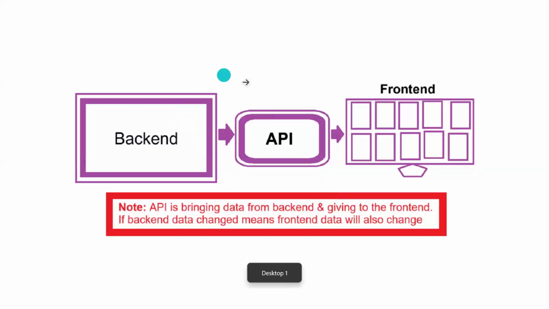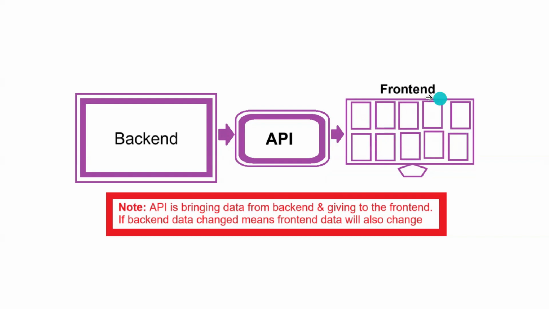Okay, try to understand here. Suppose there is one backend, and API is bringing data from the backend and giving it to the front end. If the backend people change the data, the front end data will also change. For example, on Amazon or Flipkart, every day products change and new products come.